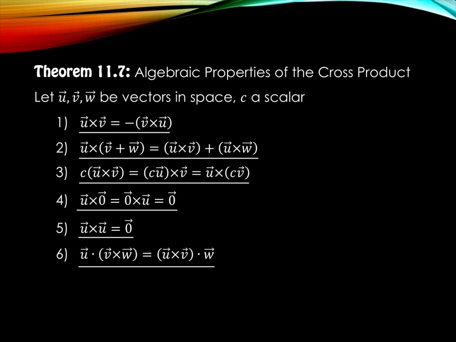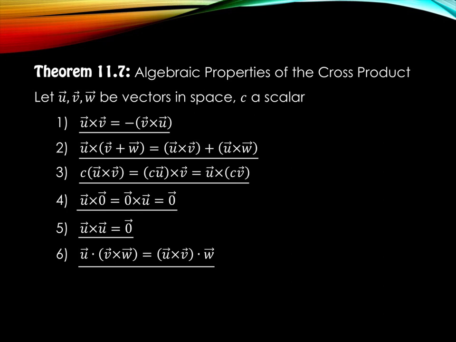So not only is U cross U 0, but U cross 0 is 0. So it's not a unique thing that you get when you cross it. You would get 0 in both cases. And then the last one talks about the dot product interacting with the cross product. So when we have the dot product of V cross W, this is the same as having the cross product with V dotted with W. That would take a little bit more work for us to actually see how that's playing out, but it is our 6th property.